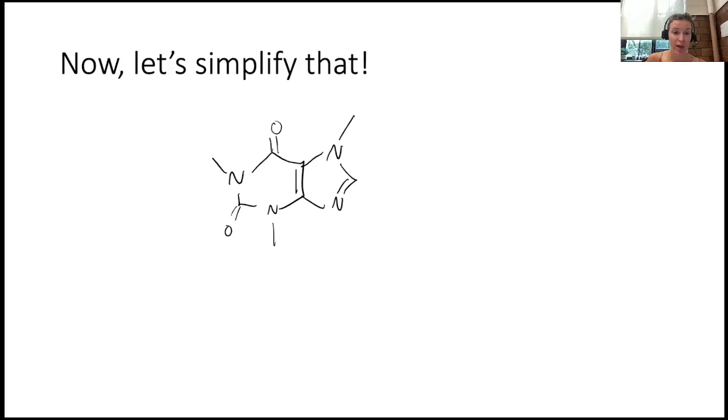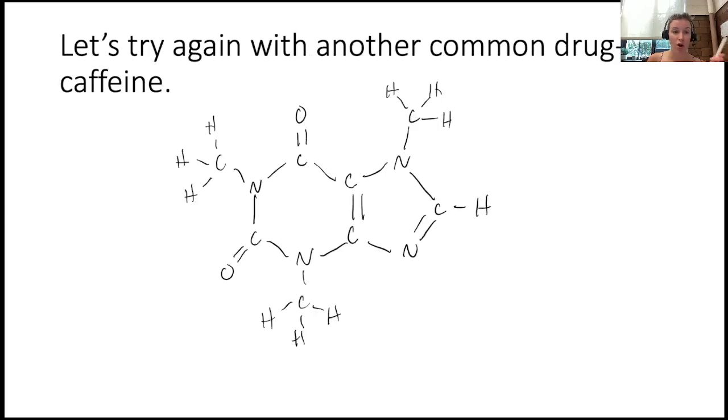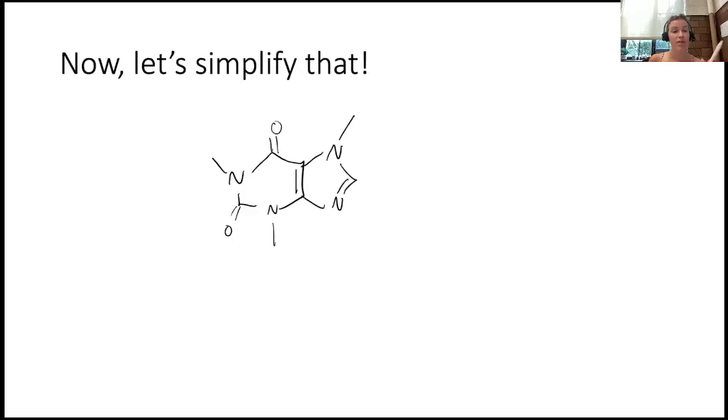So to show you real quick, previous slide, oh my gosh, look at all the lines, look at all the letters. But on this slide, we are much more simplified because I'm not drawing out the individual carbons. I'm just doing vertices or terminal points of lines. And most of the hydrogens, actually, in this case, all of the hydrogens are gone.